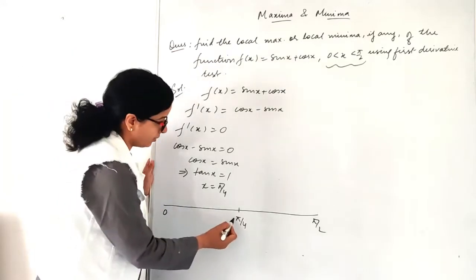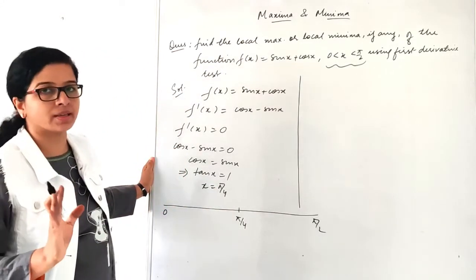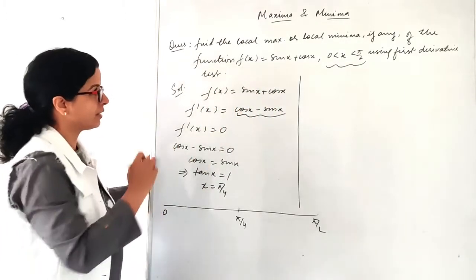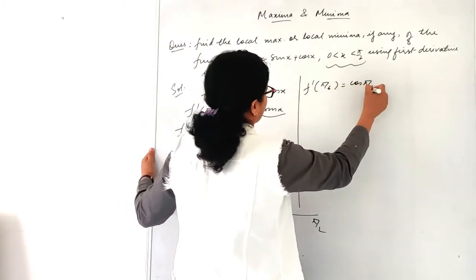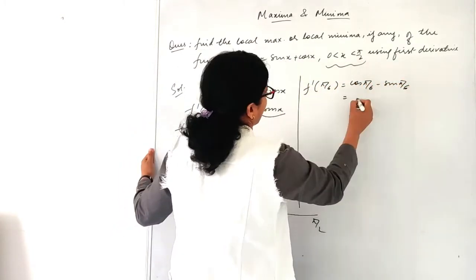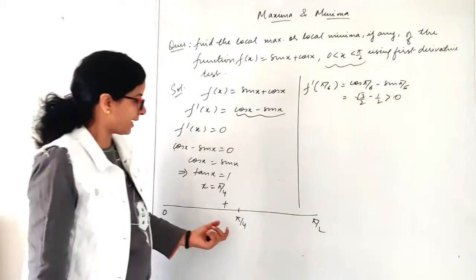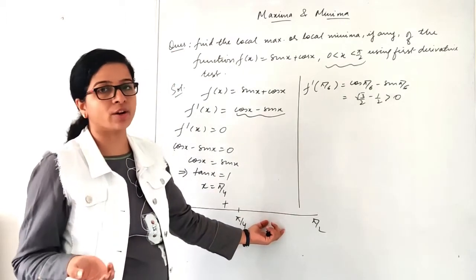So let us check what happens to the sign of f dash x when it passes through pi by 4. If we take any value before pi by 4, that is pi by 6, and substitute pi by 6 here, f dash pi by 6 is cos pi by 6 minus sin pi by 6. Cos pi by 6 is root 3 by 2, minus 1 by 2, so it means positive. Let us check what happens when we substitute a value on the right hand side of pi by 4.